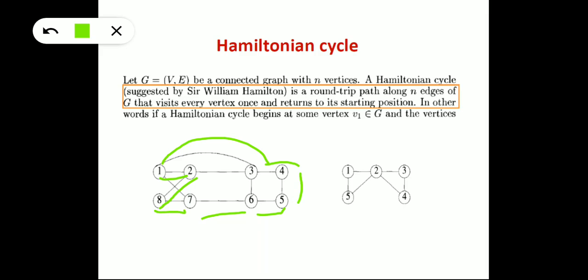Here, if you observe, we have traversed every vertex exactly once. This is one example of a Hamiltonian cycle for this given graph.